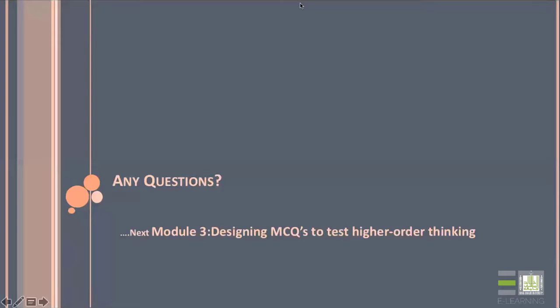How can we prepare multiple choice questions to measure strategic thinking or extended thinking? Multiple choice questions can not only measure lower order thinking, you can structure multiple choice questions to assess higher order thinking.